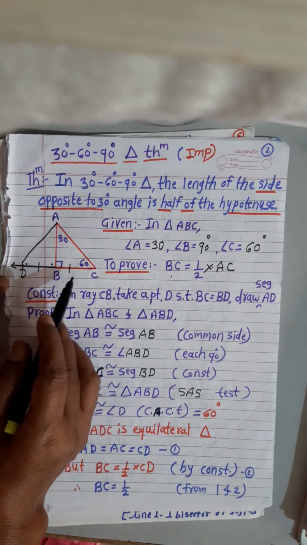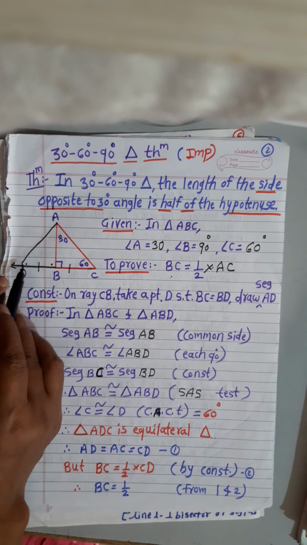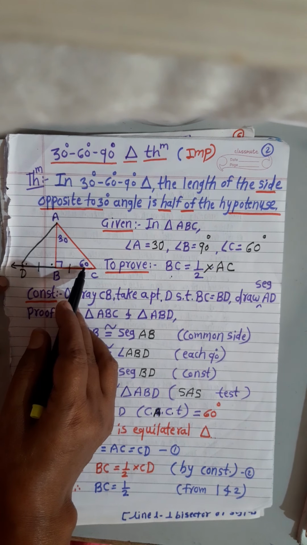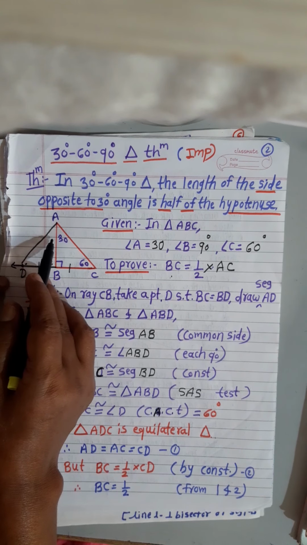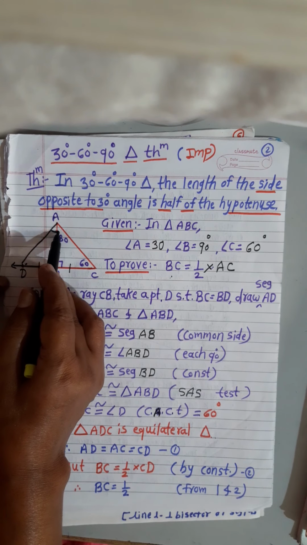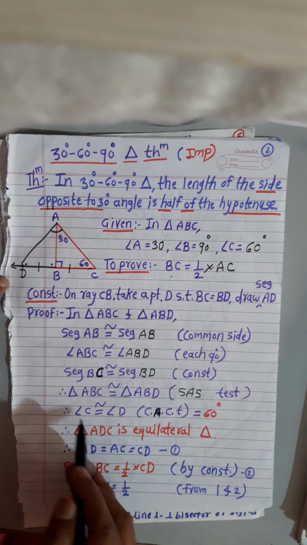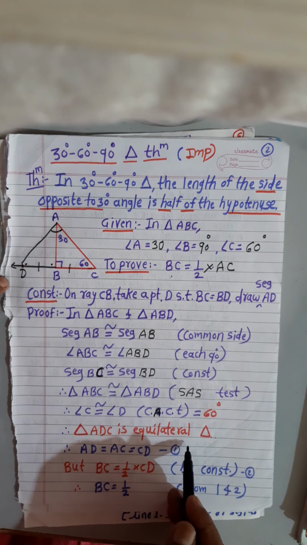Now see, measure of angle C is 60, therefore measure of angle D must be 60. Now in triangle ADB, this angle is 60, and this angle is congruent to this angle, therefore angle A is also 60, and therefore the bigger triangle ADC is an equilateral triangle.